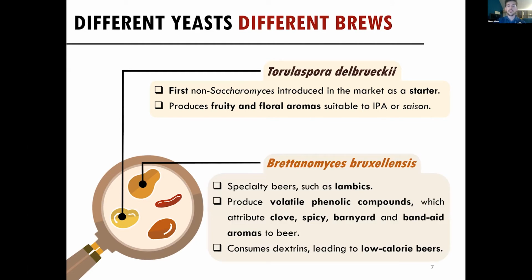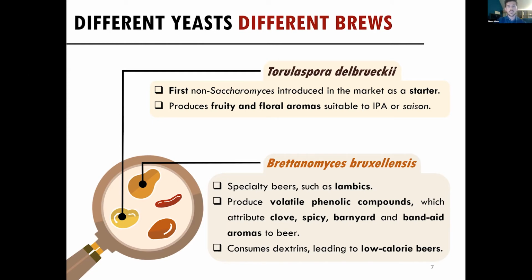And then we have an old staple of brewing, which is Brettanomyces bruxellensis, which is used mainly in specialty beers like the lambics produced in Belgium. And they are crucial to the profile of these beers because they produce these volatile phenolic compounds that attribute clove, barnyard, band-aid aromas to beer, which might seem undesirable, but are actually the soul behind that type of beer and very appreciated by many consumers worldwide.